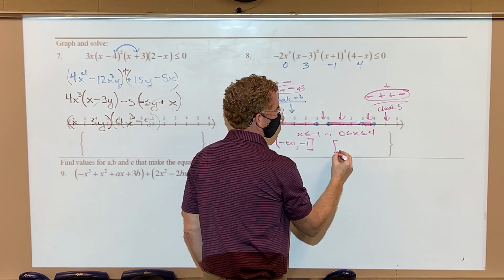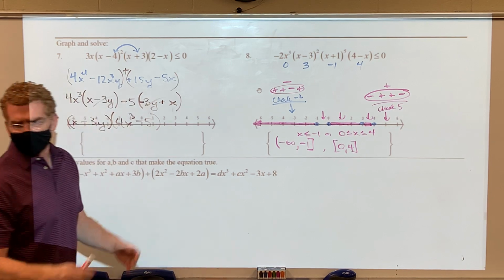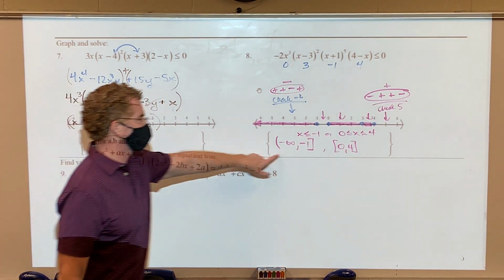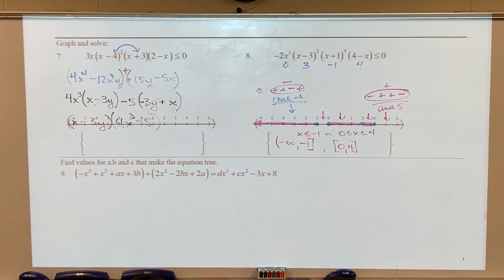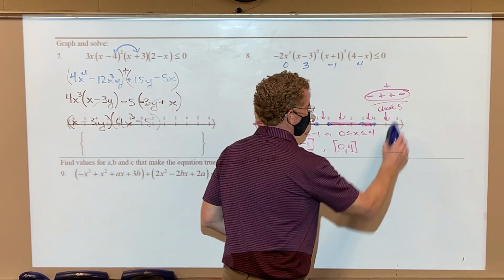Great. Or you could say bracket 0, comma 4 bracket. So I really like interval notation, but AP Cal takes both. Math tournaments tend to lean probably towards the interval notation more. I may or may not ask you to put it a certain way, but if I don't mention it, you pick whatever you like.